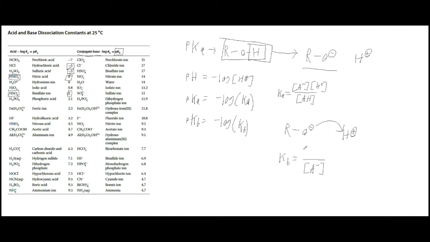And then up here we have our HA, which is this conjugate base having taken back the hydrogen ion. And then right here we have the OH minus, so this is showing that it has taken a hydrogen off of water. So here maybe instead of a hydrogen ion we could have this, and it's taking this off of water. So this is how the Kb is represented.